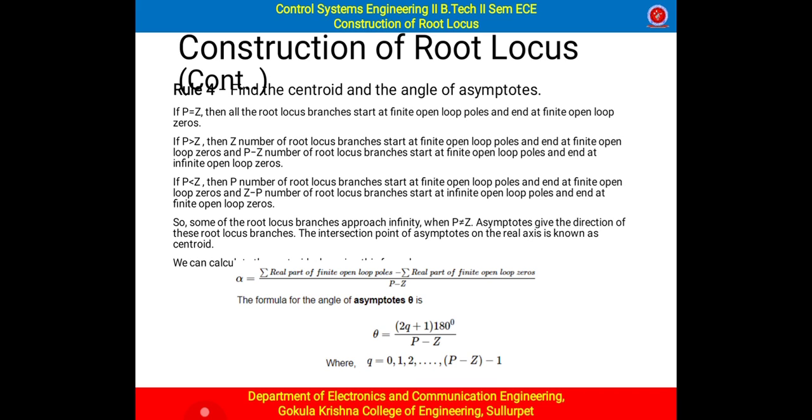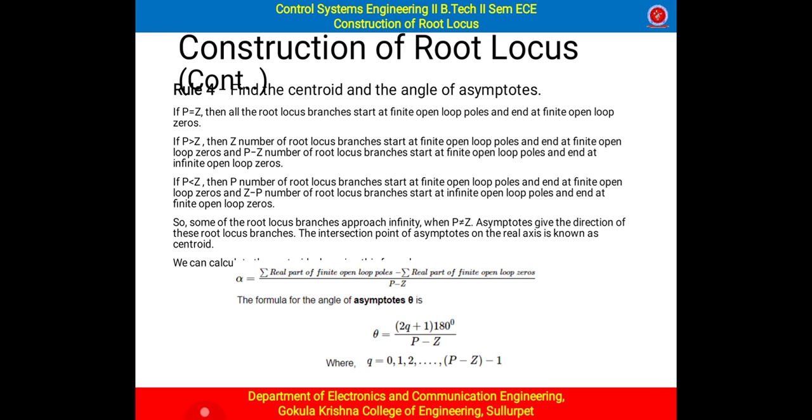So here what we are going to find out is that point. Some of the root locus branches approach infinity when P is not equal to Z. The asymptotes give the direction of these root locus branches.